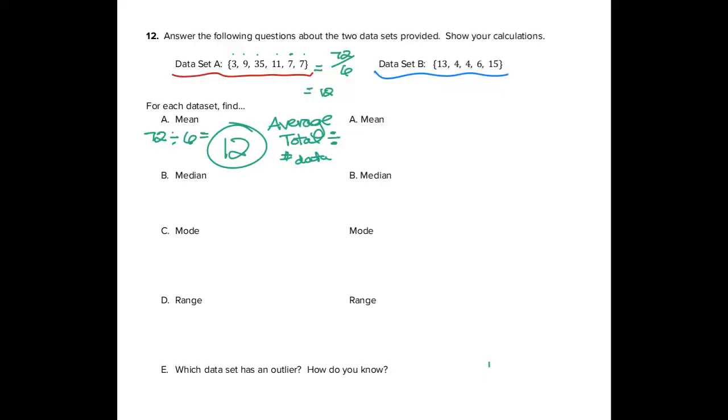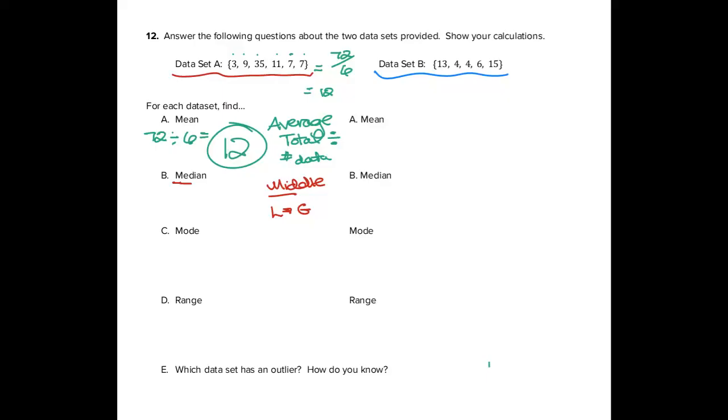Okay. Median. I'm going down for that first data set. Median, a one-word definition for that would be middle. Median, M-E-D, middle, M-I-D, the middle. But before you find the middle, you have to put them in order from least to greatest.